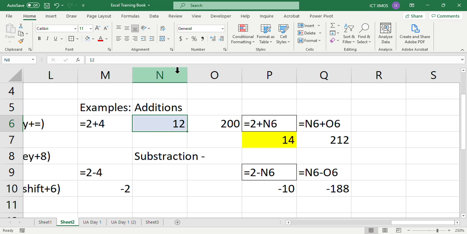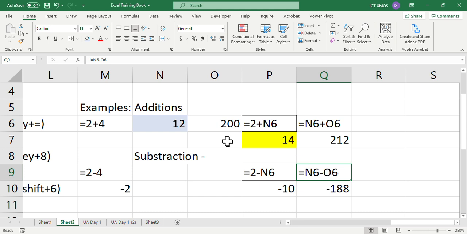It's the letter N and row 6, so where they meet is N6. So your reference is N6. If you want to call this place, you call it N6, and that's what you are calling up here.